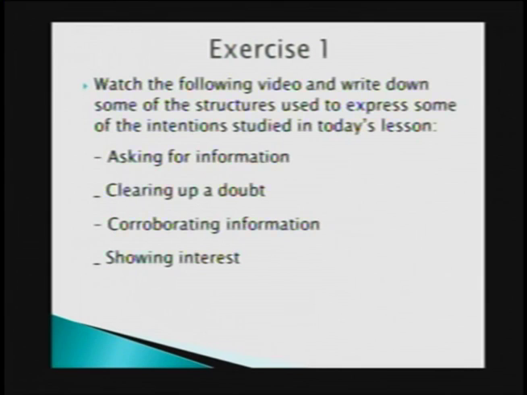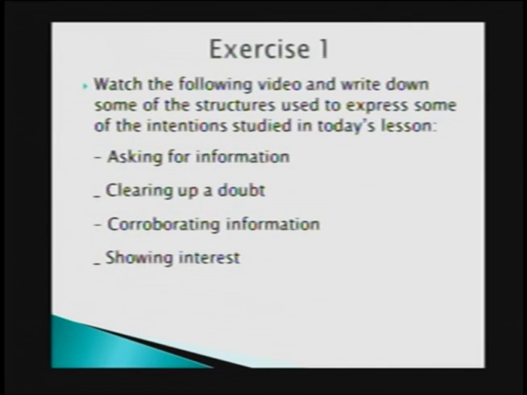So there we have our first exercise in the lesson. And it's a very difficult task because you're going to have to write or take some notes. I know it is complicated. And in these tasks, I want you to write down some of the structures that are used to express the following meanings.